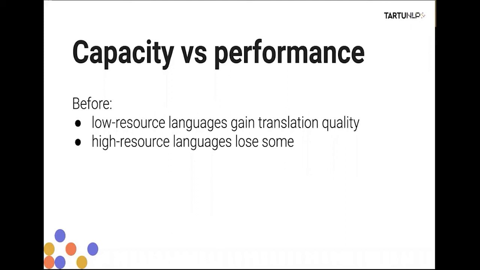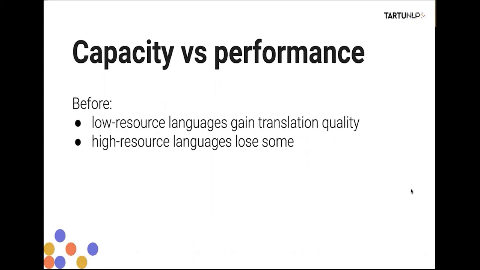However, high-resource languages, compared to a single-direction model for high-resource language translation, the model doesn't focus anymore on this high-resource language explicitly, so it might lose a bit in translation quality. So this was a conclusion before, that the low-resource languages gain and the high-resource languages lose some.